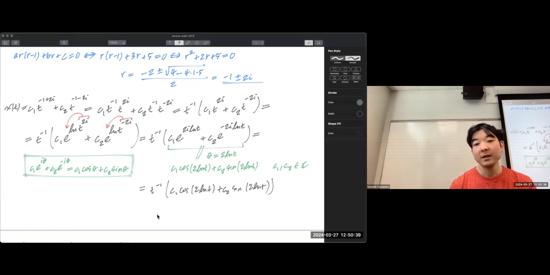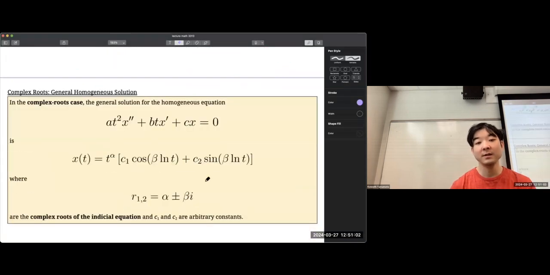And you will notice, so I'll just make a punchline here, alpha here was -1 and beta here was 2, right? And so the alpha goes here and the beta goes here and here. So the -1 goes here and the 2 goes here.